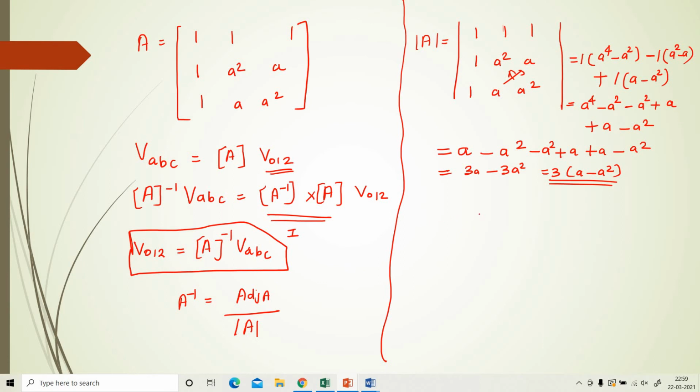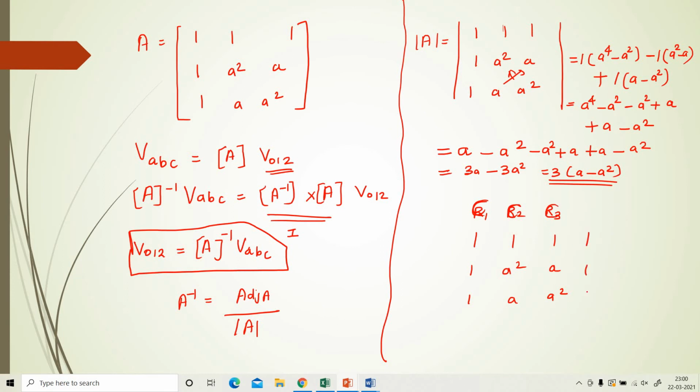First of all, I am going to write row 1, row 2 and row 3: 1, 1, 1; 1 A square A; 1 A square. Once again have to copy the row 1. First write column 1, column 2, column 3.